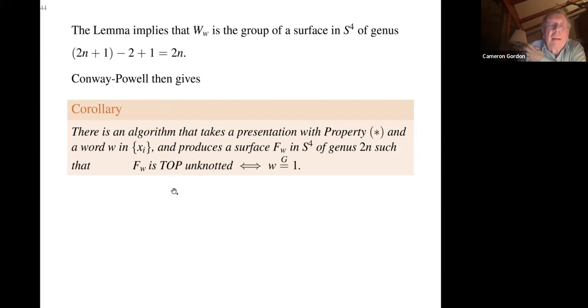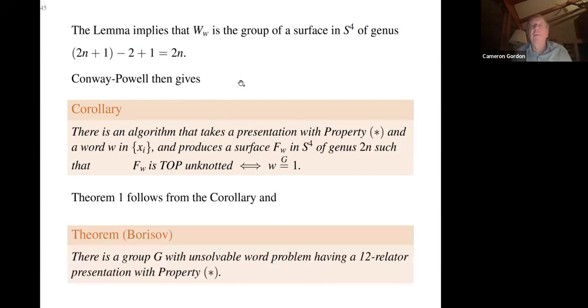So now, once we have the proposition, we have this by Conway and Powell. And now we just need to take G to be a group with unsolvable word problem. And we want n to be as small as possible. And we want it to have property star just so that the argument I'm going to give works.